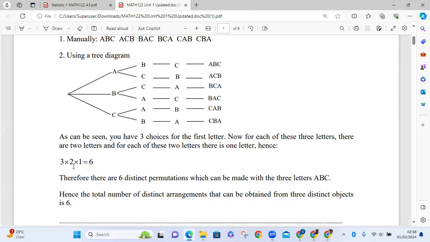Because for each of the 3, you've got 2, and for each of the 2, you've got 1. So there are 6 distinct permutations which can be made with the letters ABC. Hence, the total number of distinct arrangements that can be obtained from 3 distinct objects is 6.